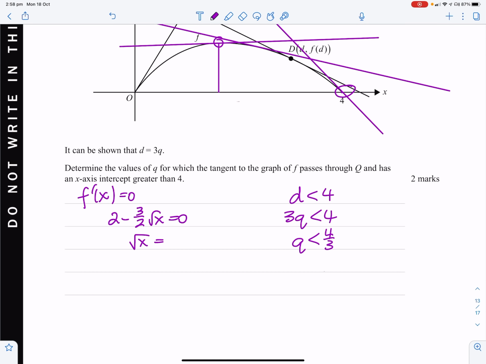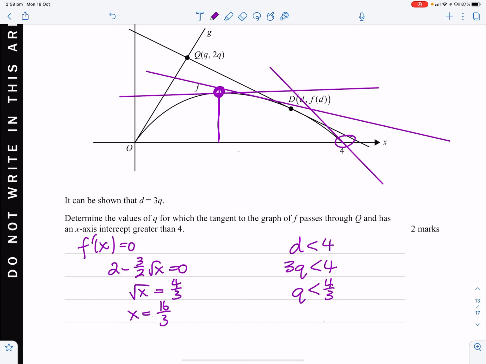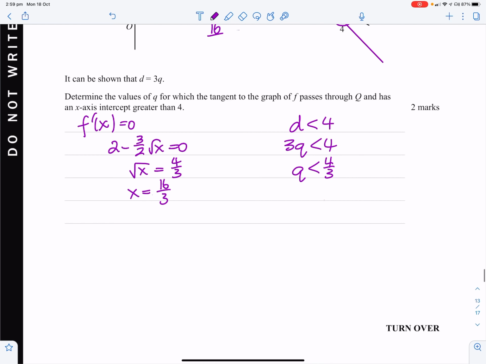If I bring it to the other side, multiply the 2 across and divide it, I get 4 on 3. So we get x is 16 on 9. So we know D has to be greater than 16 on 9. So 3Q has to be greater than 16 on 3. So Q has to be greater than 16 on 9.